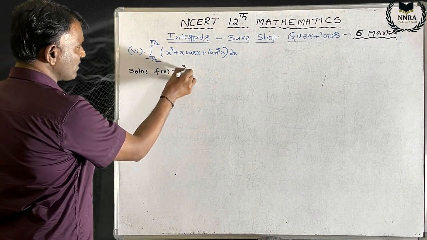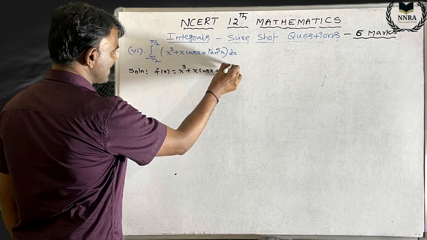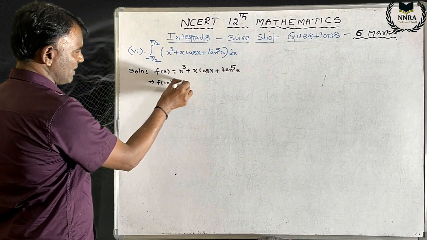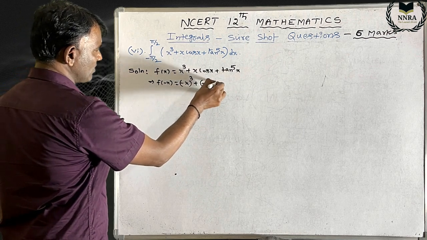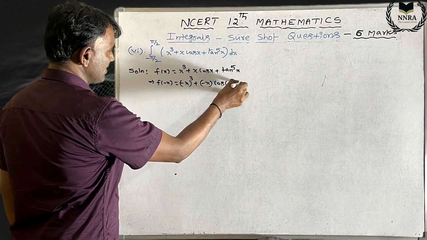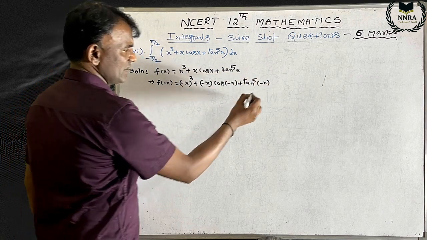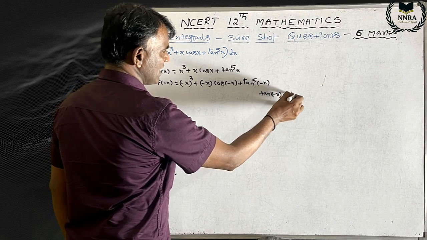f of x equals x^3 plus x into cos x plus tan^5 x, right? Now f of minus x. So (minus x) whole cube. It is minus x into cos of minus x. Then tan^5 of minus x. And here tan of minus x equals minus tan x.